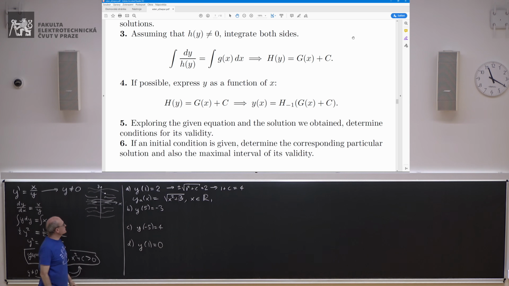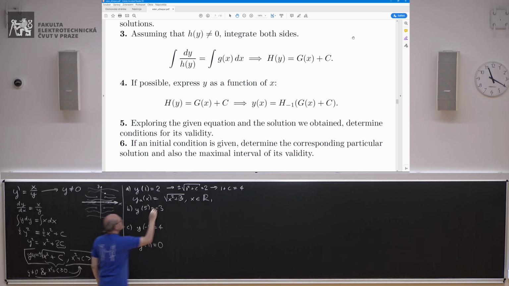We are looking for a solution which passes through a point up here, and quite obviously we will never reach that point if we take the version with minus square root. These guys are hanging out down here, below the x-axis. So quite naturally, we are choosing the plus version, because then the outcome will be 2 if we put 1 there. It checks. 1 squared plus 3, square root with plus sign, is 2.